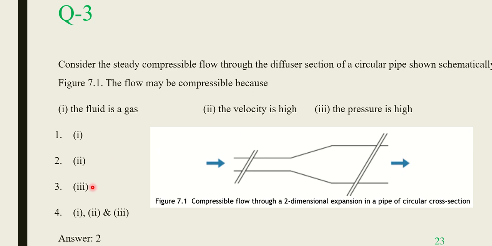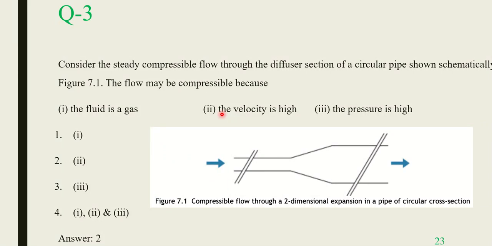So here the fluid is a gas, that is given in the question. But even then it doesn't matter, because the compressibility of flow is mainly associated with the flow property. It is not associated with the fluid. Therefore, the first statement doesn't play any role. The second statement is that velocity is high, and this is a true statement, because when the velocity is very low, the particles keep moving slowly and therefore we cannot compress them.